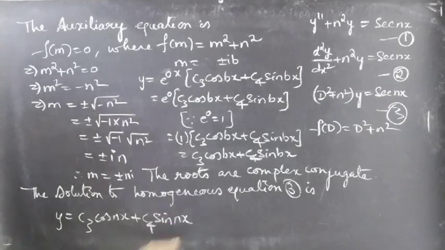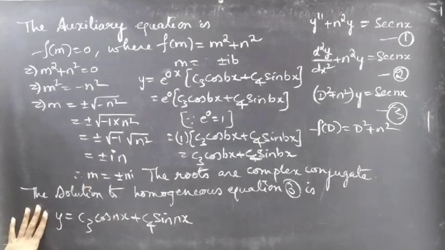We are taking c3 and c4 instead of c1 and c2 because we want c1 and c2 to appear in the final general solution of our problem. Now we got the solution to the homogeneous equation.